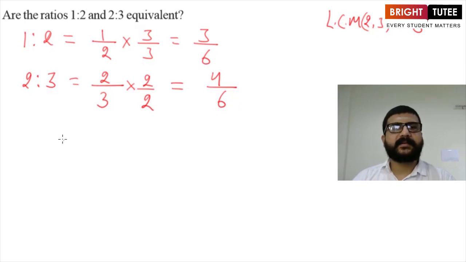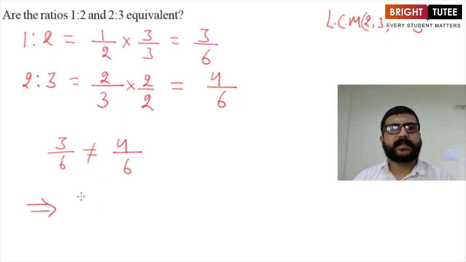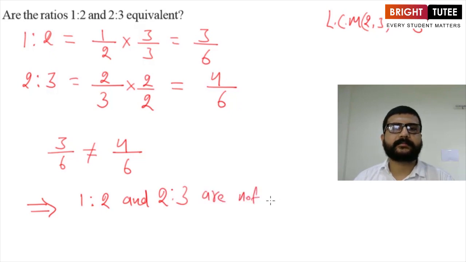So we can write here, 3 upon 6 is not equal to 4 upon 6. Now this implies that the ratios 1:2 and 2:3 are not equivalent. So this is how we can check whether two ratios are equivalent or not.